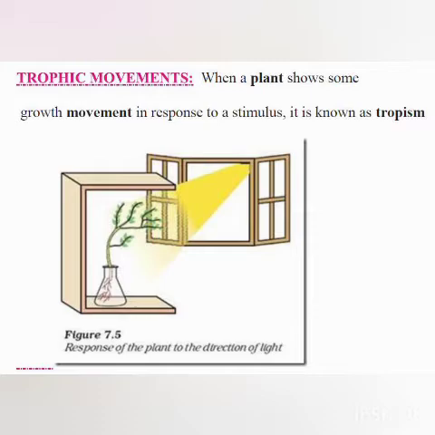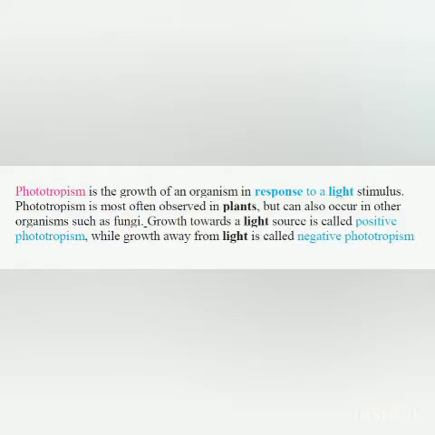So children, here this is trophism. The plant is showing trophic movement because it is moving due to the growth of the shoot towards light, and the root is moving due to the growth of the root away from the light. And here they are moving in a particular direction. When the flask was rotated, again the shoots turned towards the light and grew to that side, and the roots again changed direction and moved away from the light.